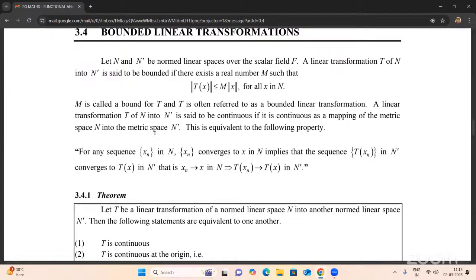Now we have already practiced and seen this at the undergraduate level in the real analysis paper. The continuity part we must also refer to in the real analysis paper in the postgraduate MSc Mathematics second year.